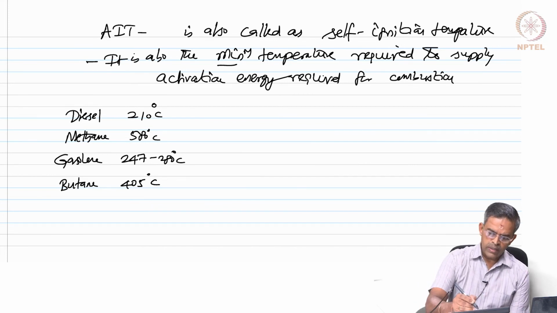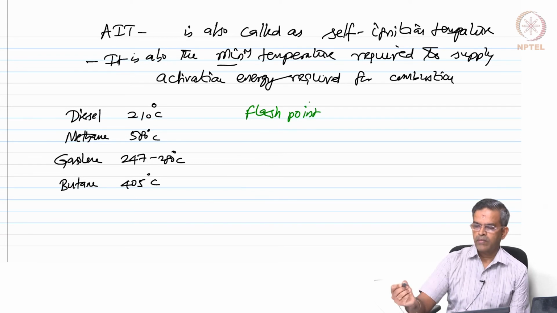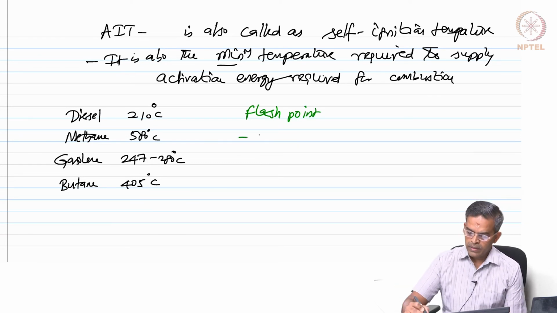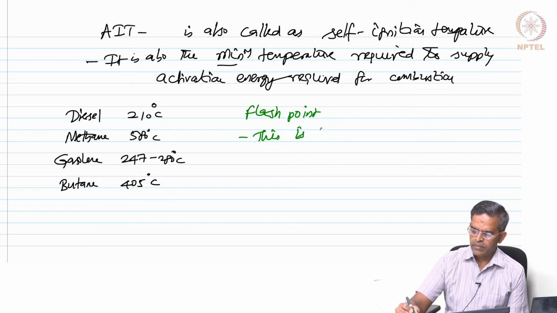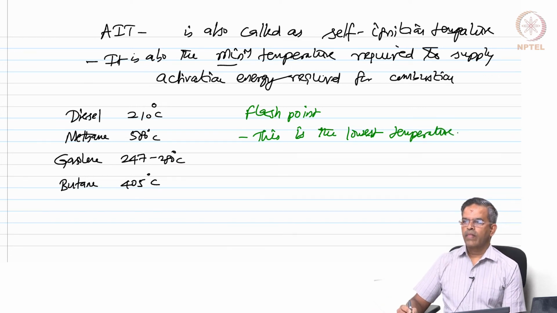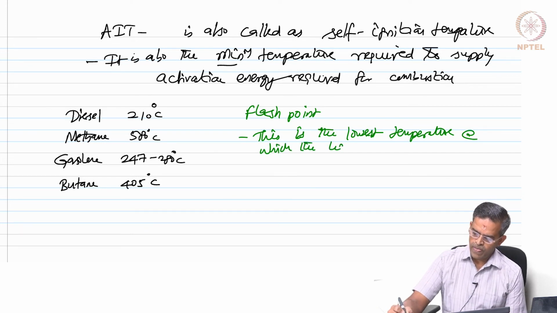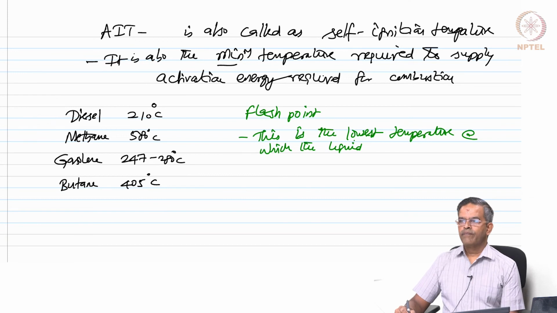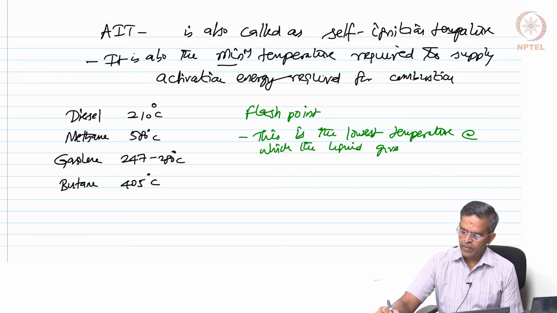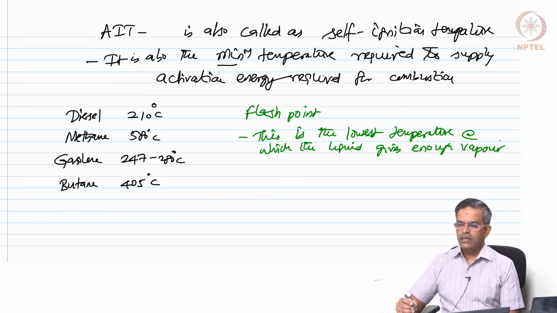Let us also look at something called a flash point. This is the lowest temperature at which the liquid gives enough vapor to maintain a continuous flame.